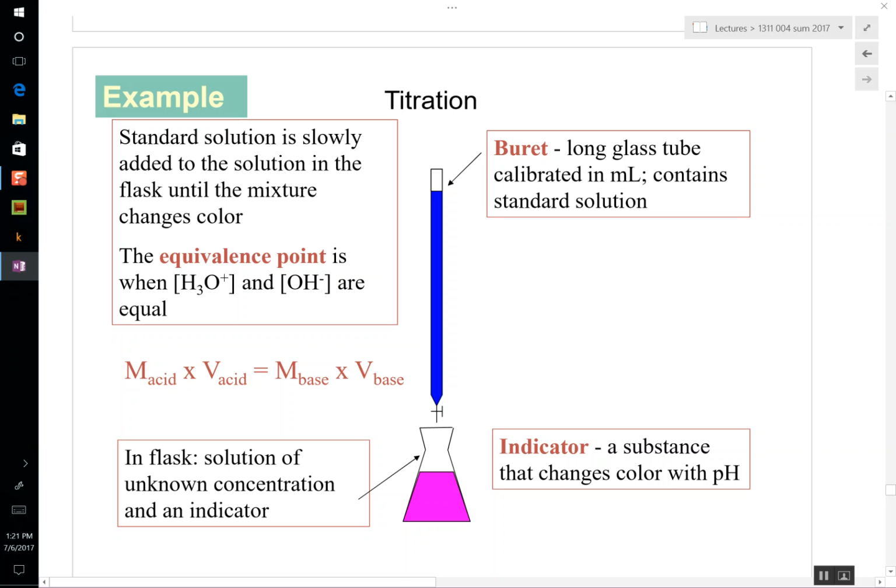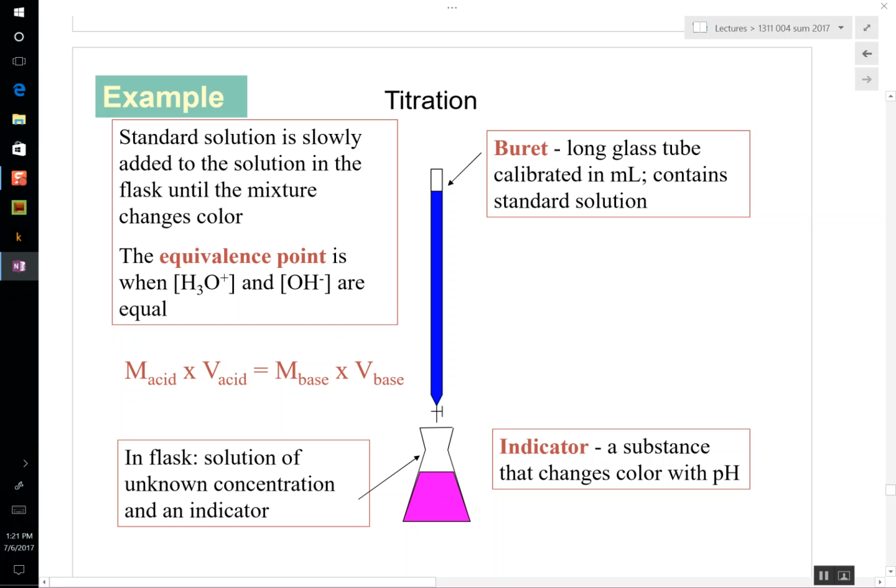They react in a 1-to-1 ratio. So it will take this amount of acid to neutralize that amount of base, or vice versa.